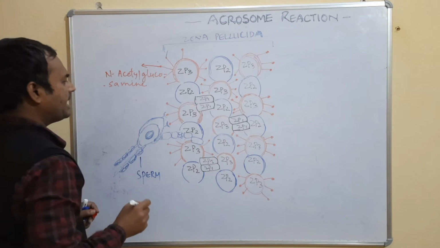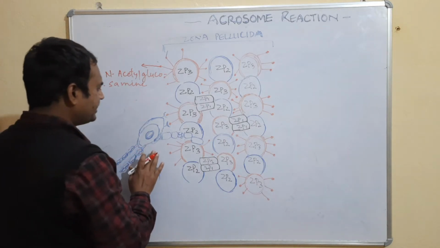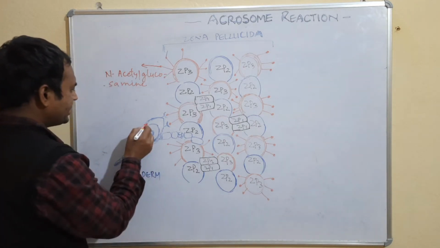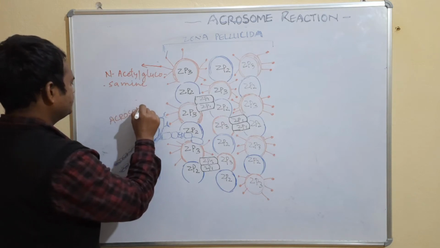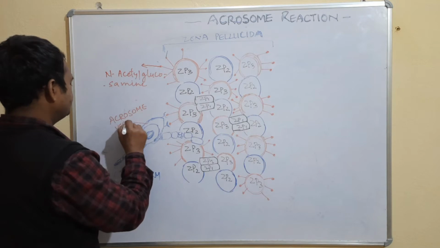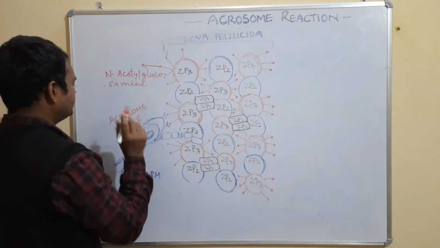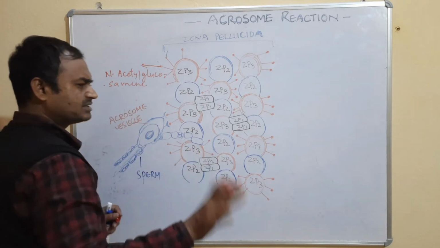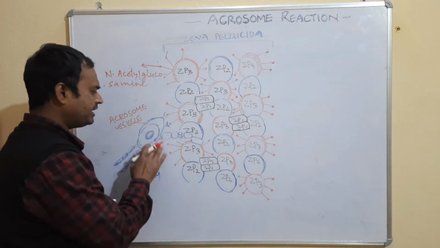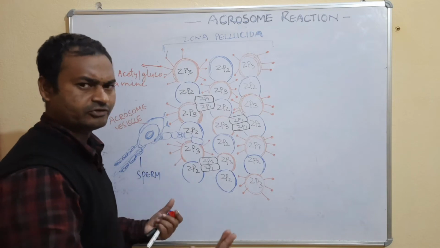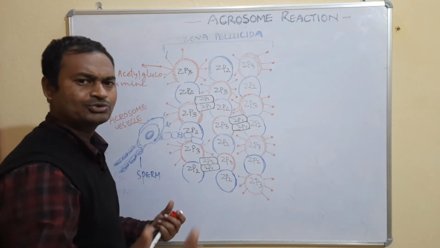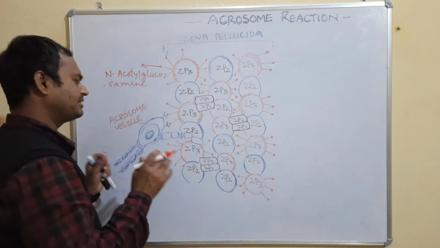Okay, and with this N-acetylglucosamine is the acrosome. Let us suppose that the head of the sperm, the acrosome, is intact here. It is not diffused, it is not broken while passing through the cumulus.